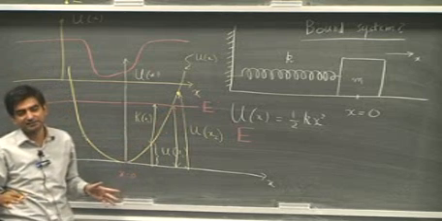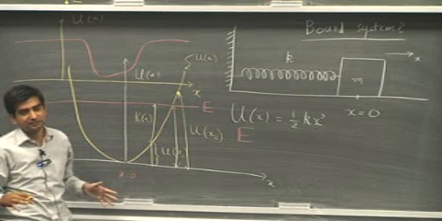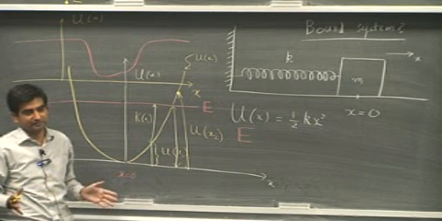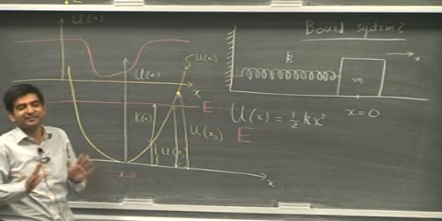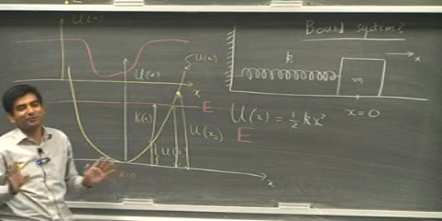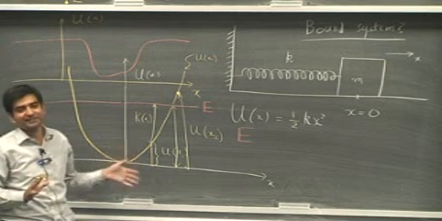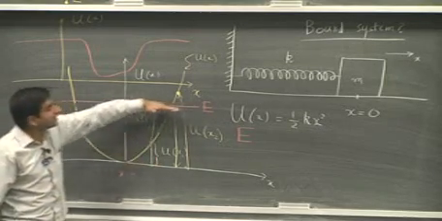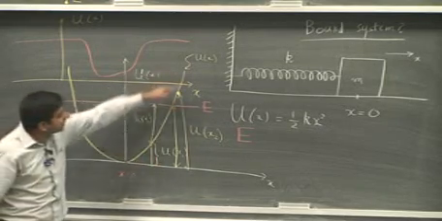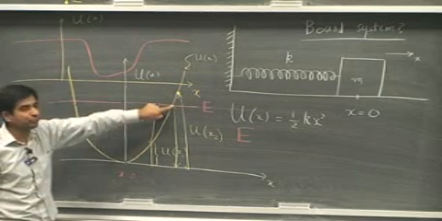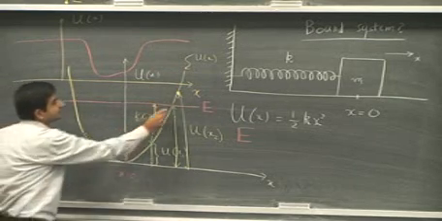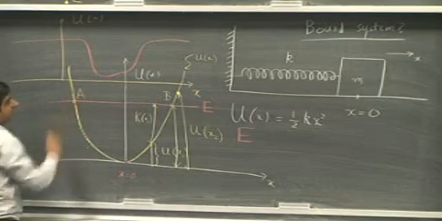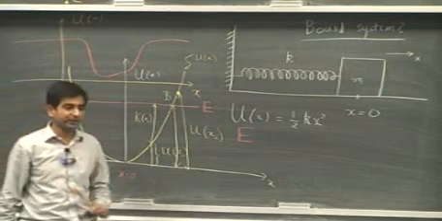But this is nonsense. The kinetic energy cannot be negative. You all agree with me that this is nonsense. But not so in the quantum world, but here we're looking at a classical system. So in this classical system, this total energy and the potential energy curve intersect at 2 points. This is point B and this is point A. And these are turning points.